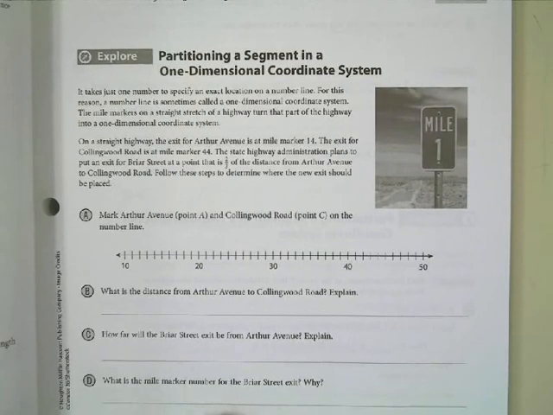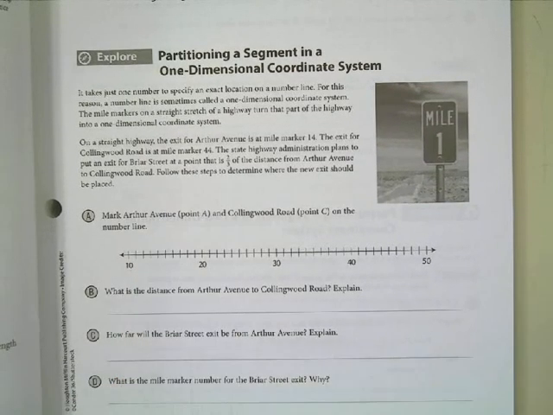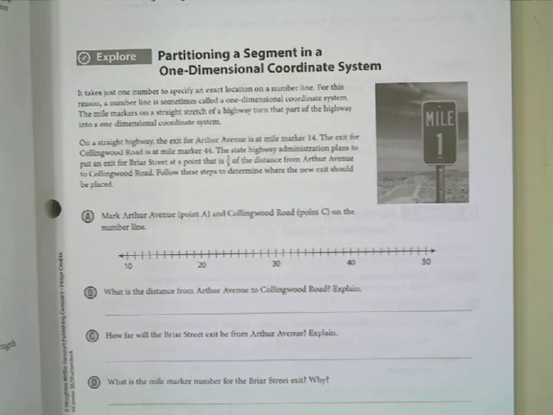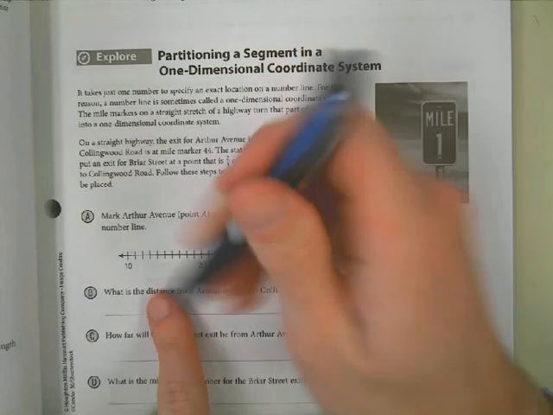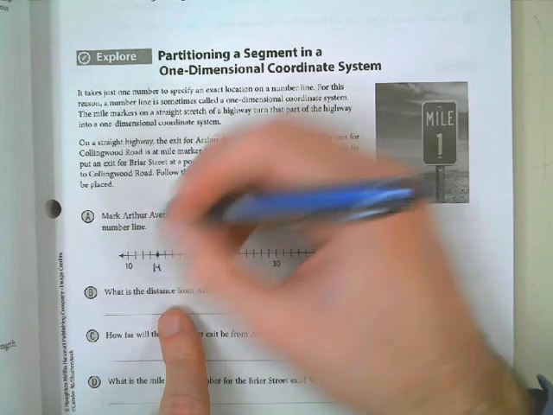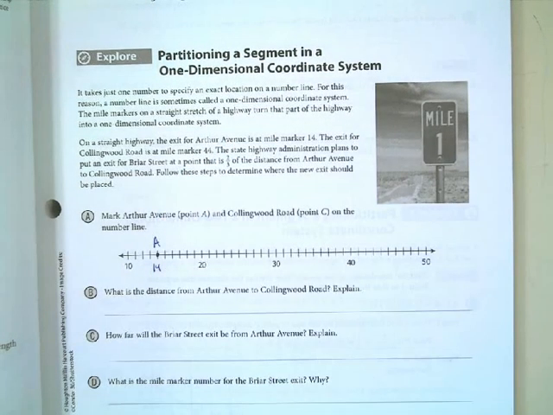So, Arthur Avenue is going to be located at what coordinate? 14. Yes, that's the mile marker where it's located, so it's its coordinate, 14. So 10, 11, 12, 13, 14. I'll call that point A for Arthur.